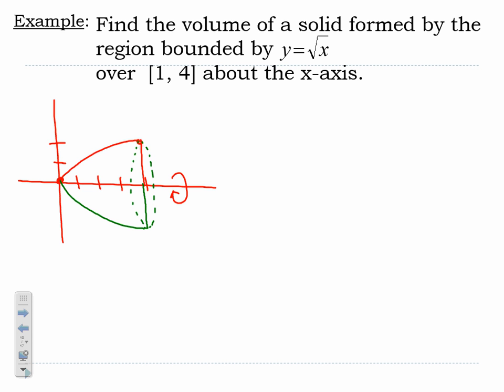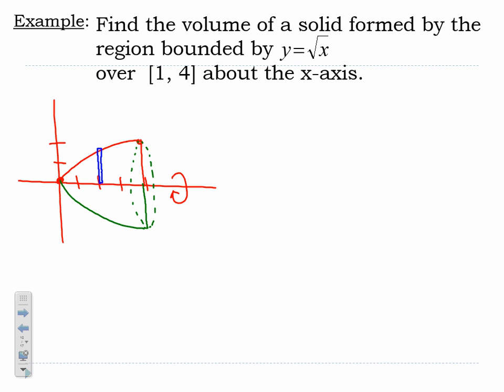Now what we're going to do is take infinitely small rectangles and rotate them so we have lots of discs or washers. Are we going to have any washers in this problem? No, all of these are going to be discs, which makes the problem easier. We don't have a hole in the middle.